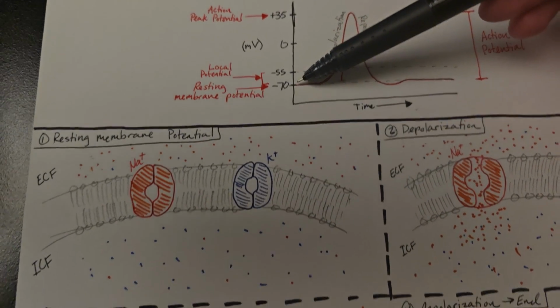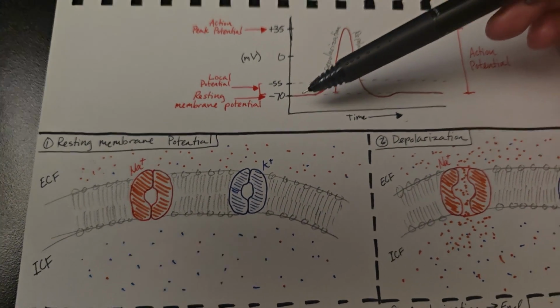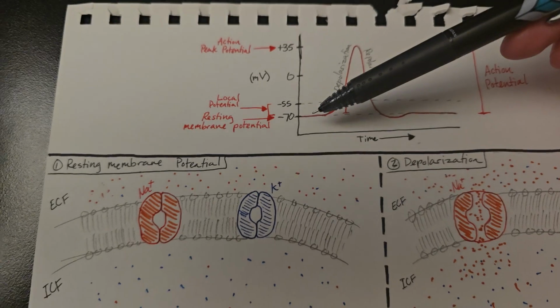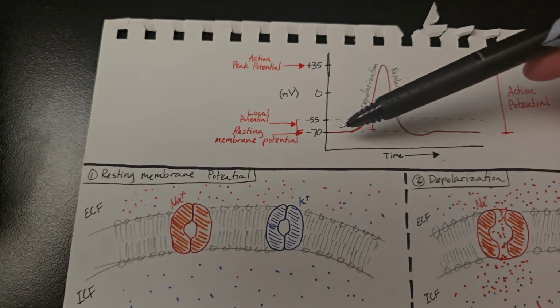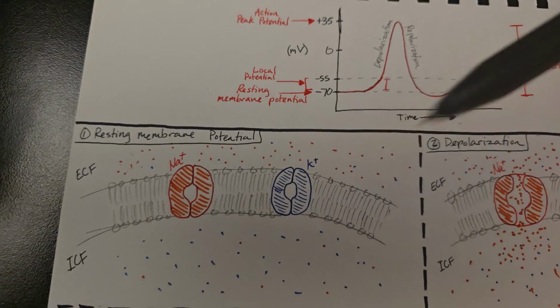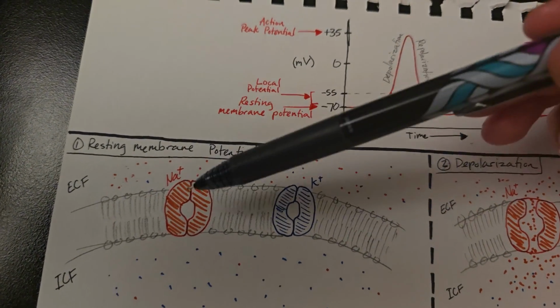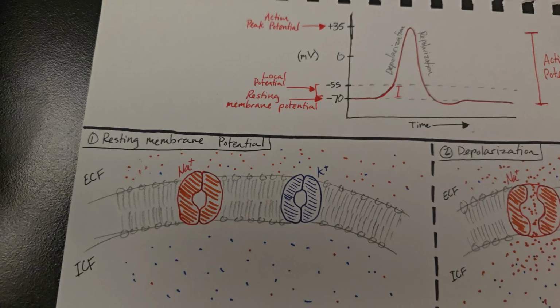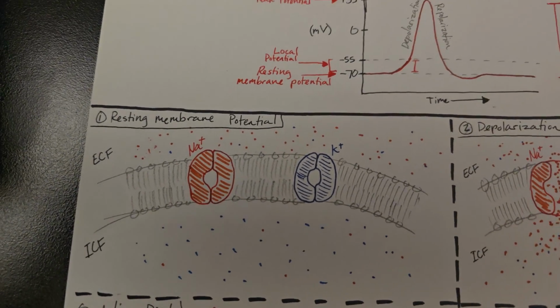That'll be seen at negative 70 millivolts, and it'll be shown by both the sodium and the potassium gates being closed.